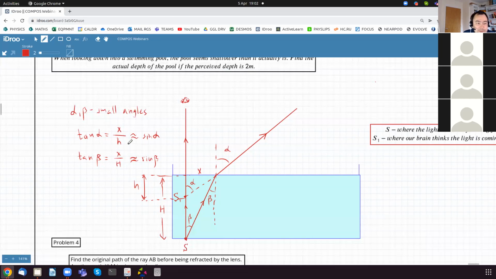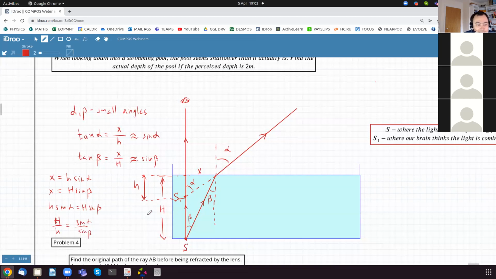So x is h small times sine alpha, and from the other equation, x is h big times sine beta. We equate them, so h big divided by h small is sine alpha divided by sine beta.